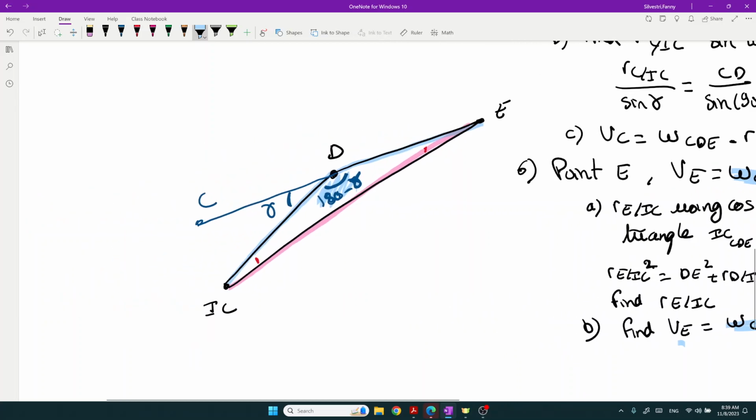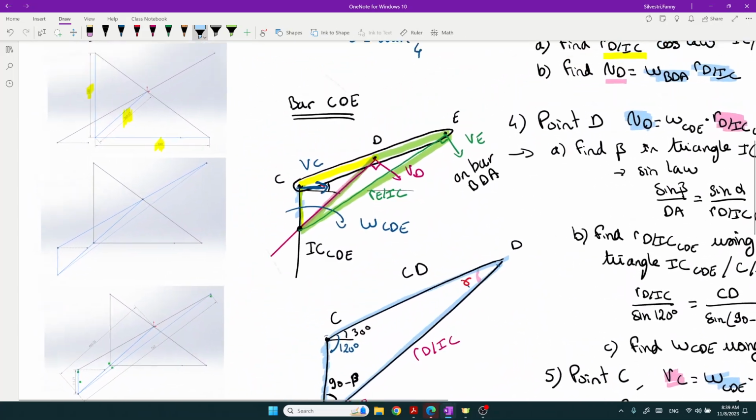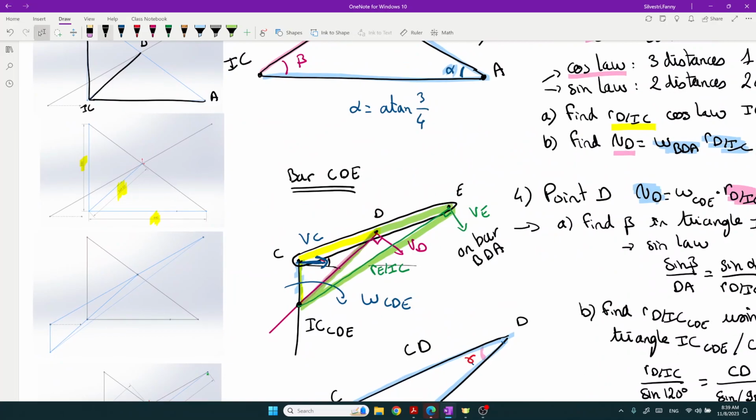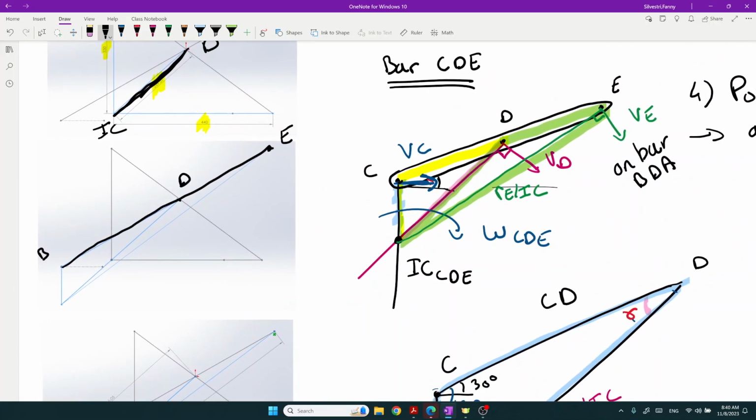One little check: go on SolidWorks. What I did is, this line was the IC to D. I went on the bar BDE and drew a line collinear to this one with the IC, but longer. I drew the vertical line.